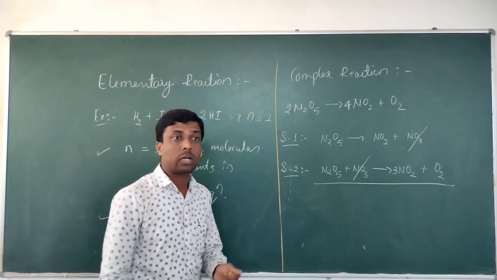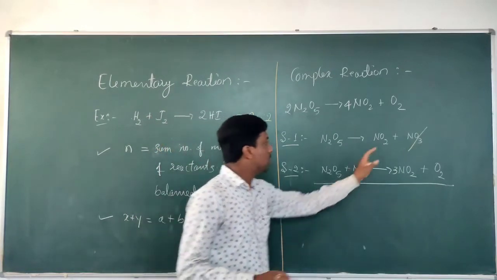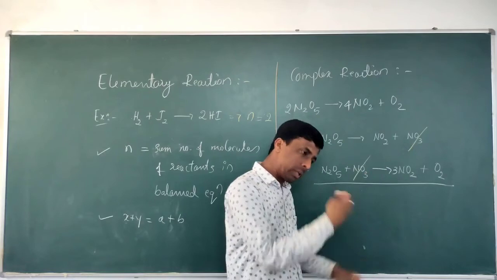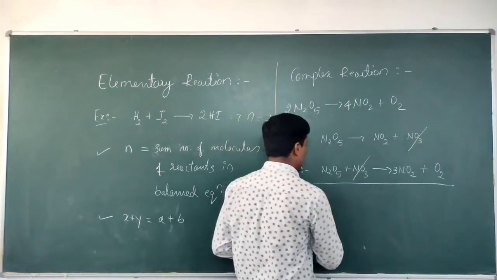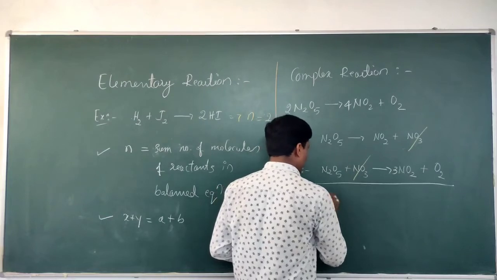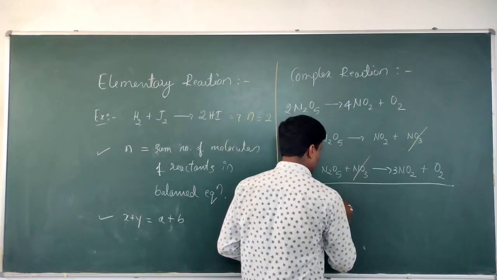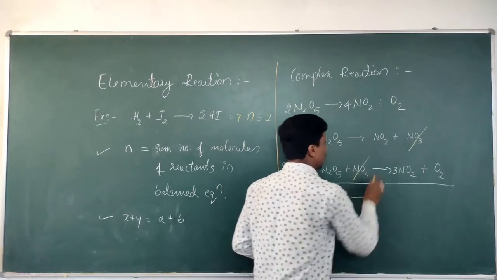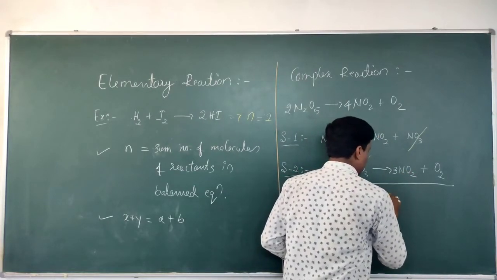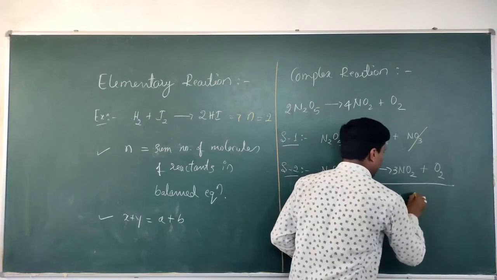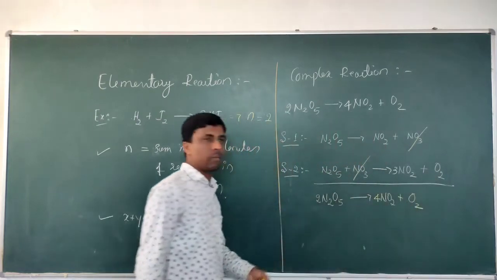NO3 is a balanced product. NO3 first step produce ಆಯ್ತು, ಸೆಕೆಂಡ್ ಸ್ಟೆಪ್ ಮತ್ತೆ ಕನ್ಸ್ಯೂಮ್ ಆಗ್ತದಂಗ ಹೋಗ್ತದೆ ಅಲ್ಲಿಗೆ. ಓಕೆ, ಅಂದ್ರೆ ಓವರಾಲ್ ರಿಯಾಕ್ಷನ್ ಏನು ಬರ್ತೈತಿ: 2N2O5 gives rise to 1NO2 plus 3NO2, 4NO2 plus 1O2. Now it is a balanced chemical equation.